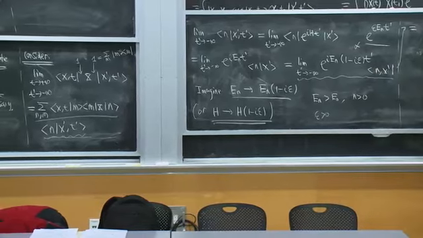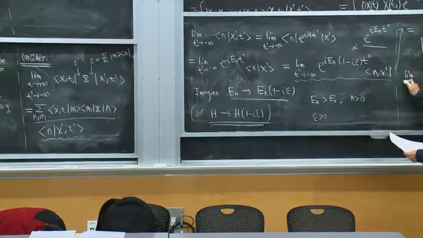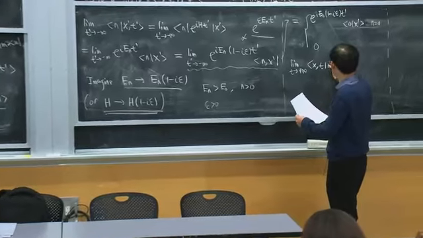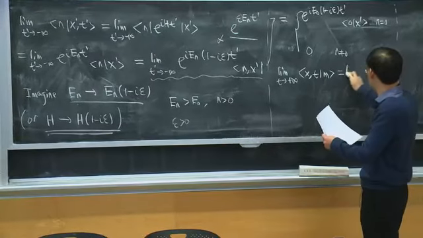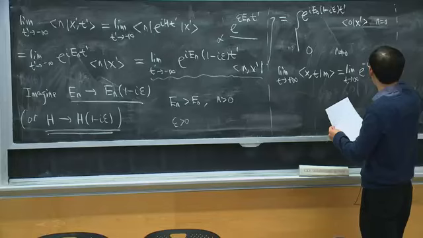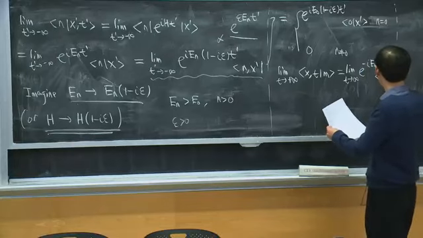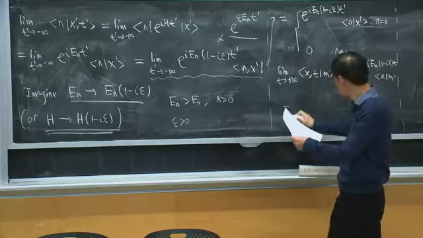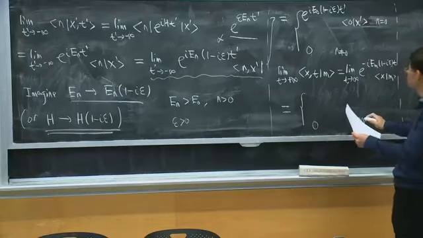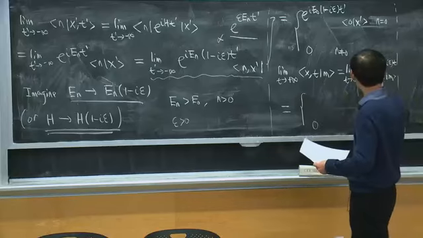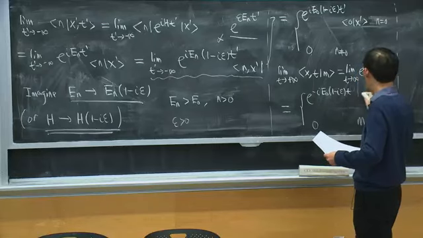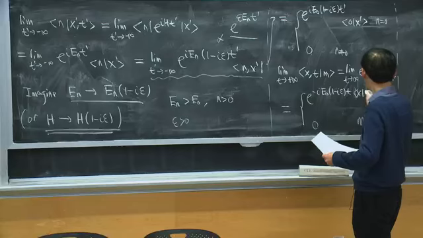With the same sign, you can easily check yourself, when t goes to plus infinity, the limit t goes to plus infinity of exponential minus iEm(1 - iε)t times |m> becomes 0 for m not equal to 0, and leaves the ground state for m equal to 0.